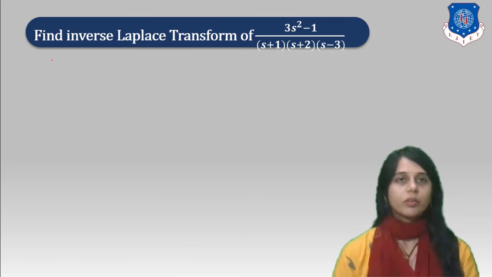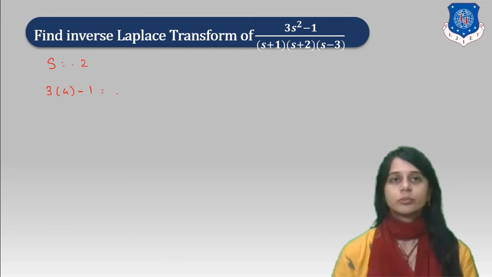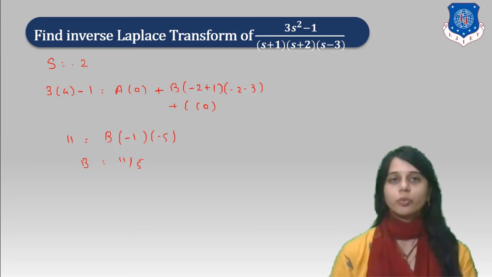Now we take s equal to minus 2. So 3 times (minus 2) whole square, 4 minus 1, A is 0, B(minus 2 plus 1)(minus 2 minus 3) plus C times 0. So 3 fours are 12, 12 minus 1 is 11, equals B times minus 1 times minus 5. So B equals 11 by 5.